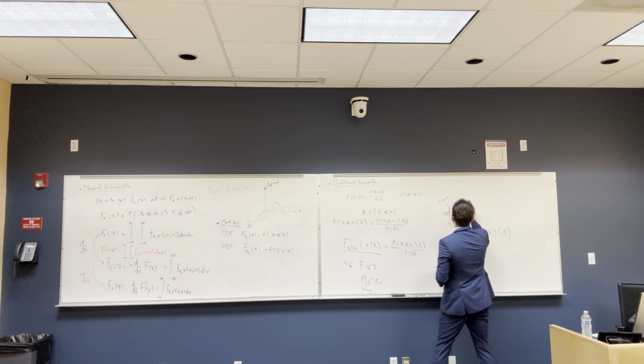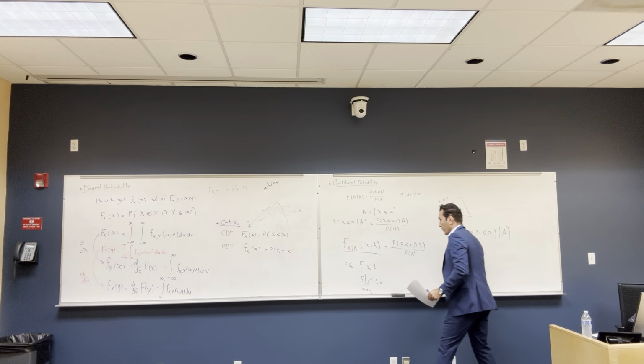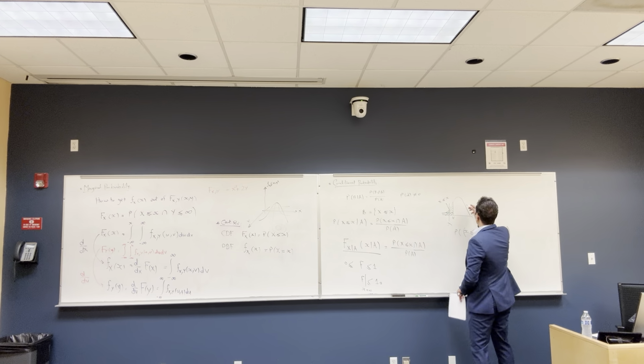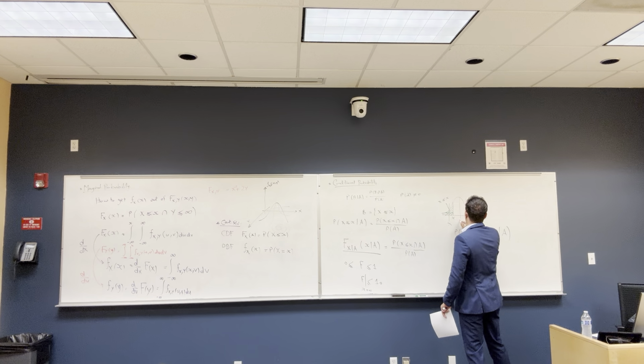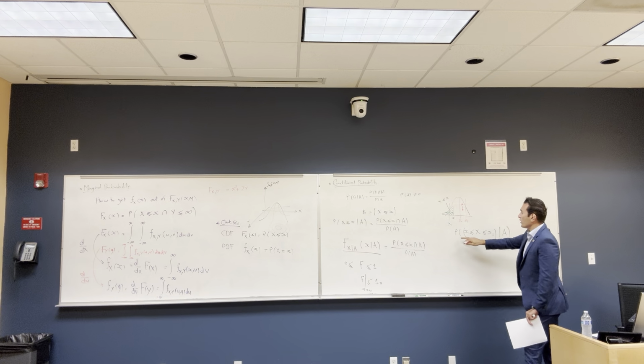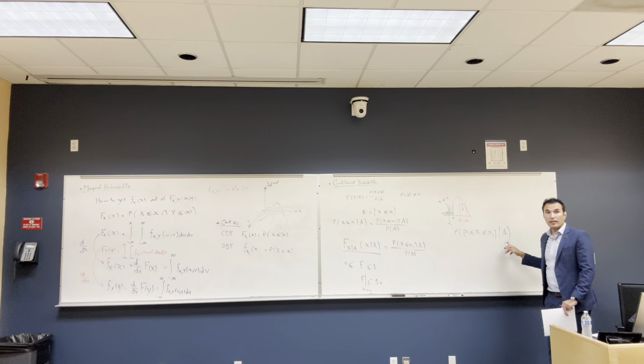I'm looking for something in between. Let's put it in a different color. If you are looking for something between x1 and x2, and your random variable somewhere here, x, you are looking for the probability of your random variable to be more than x1 and less than x2, given that event A happened.